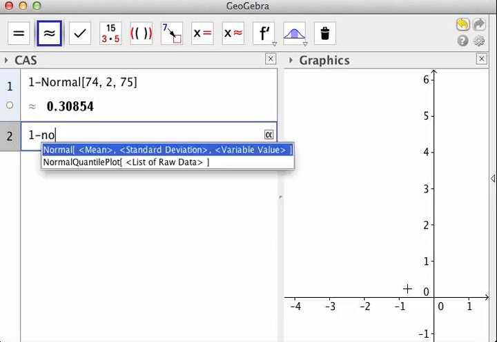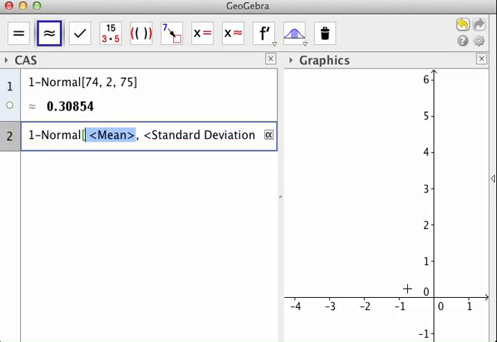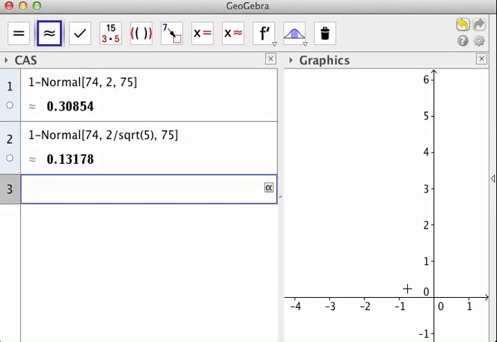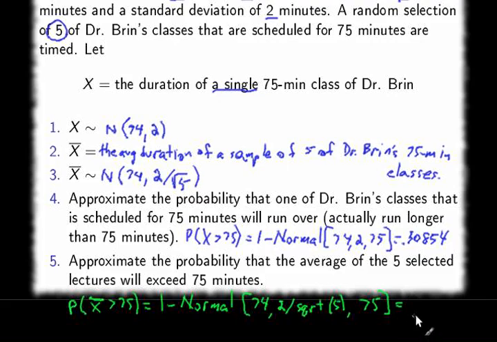So we have 1 minus normal, mean of 74, standard deviation 2 divided by the square root of 5, and the variable value is 75. 0.1317.